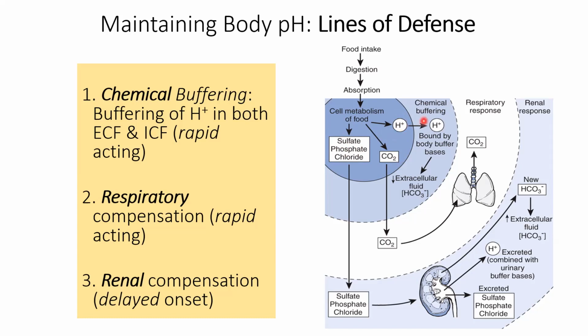If some of them leave the cell, there is chemical buffering available outside. The carbonic acid buffer system, which is abundant in the ECF, as I mentioned, titrates hydrogen, and in this process consumes the bicarbonate.